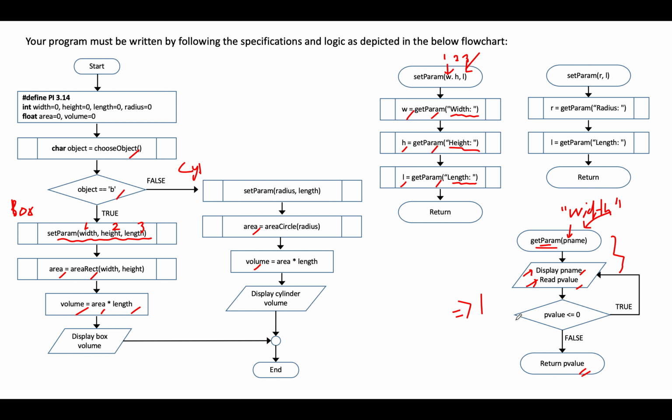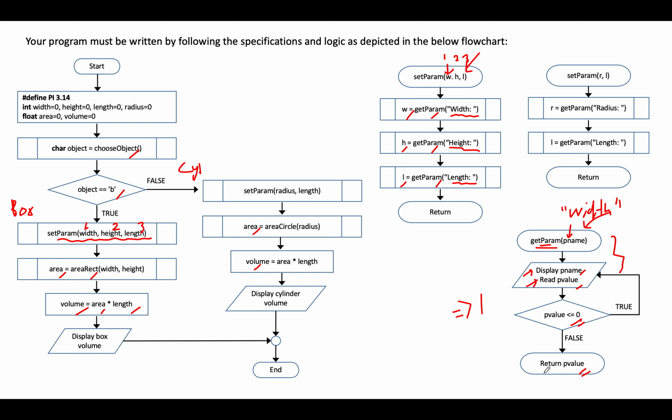Then you can calculate the width, height and also length. It is impossible to have less than 0 for the value of width, height and length. So you repeatedly ask the user to input read p value if p value is less than 0. Otherwise, it will return p value.